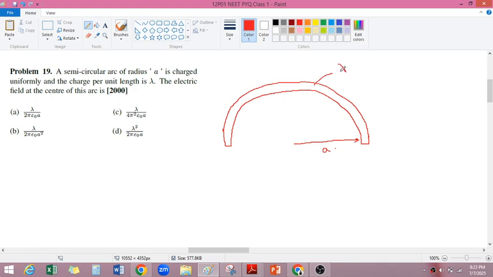You take a circle and cut it in half. So that's your radius A. So lambda is the charge in this, which means let's assume that you have plus charge here. The electric field at the center of this arc is, so they are asking you to find the electric field at this point.